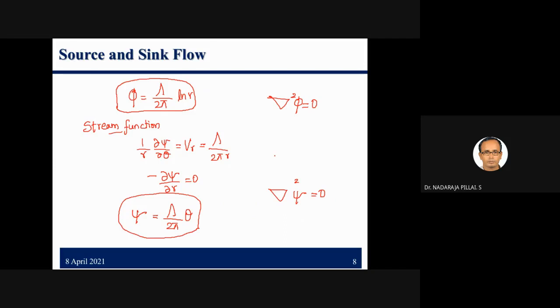Therefore, the source flow is a viable elementary flow, and we can build various complex flows and complex shapes using this basic flow. Now, I will go to the first combination because we already know uniform flow, source flow, and sink flow.